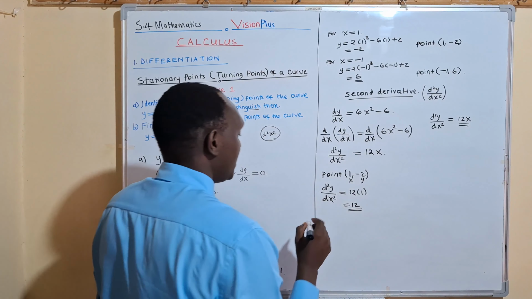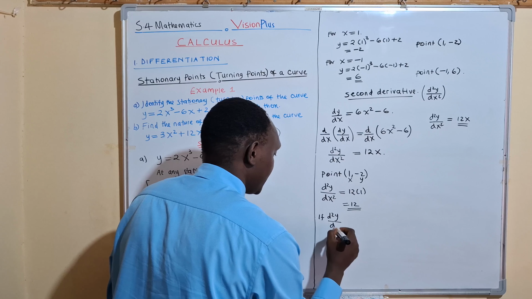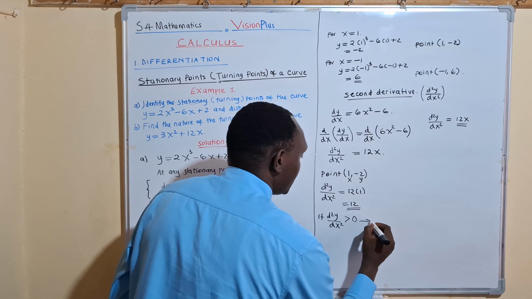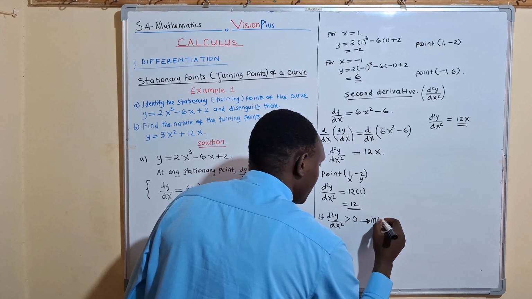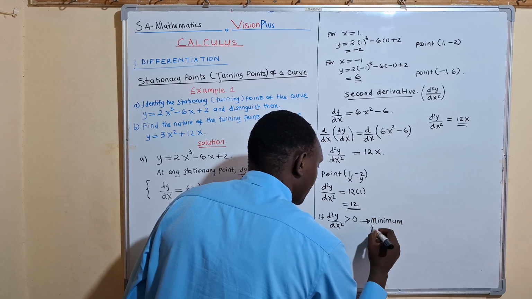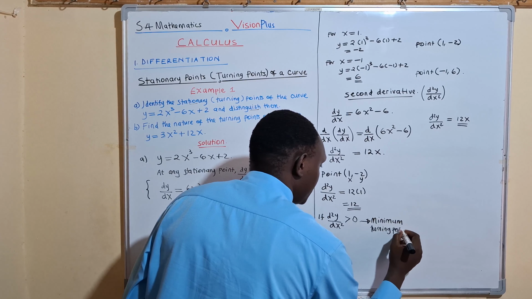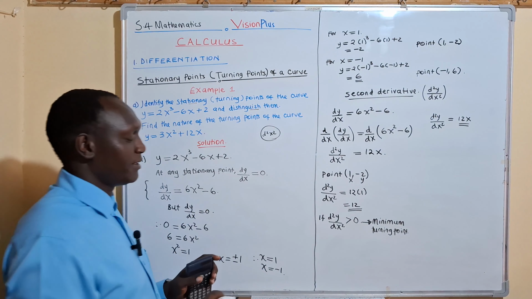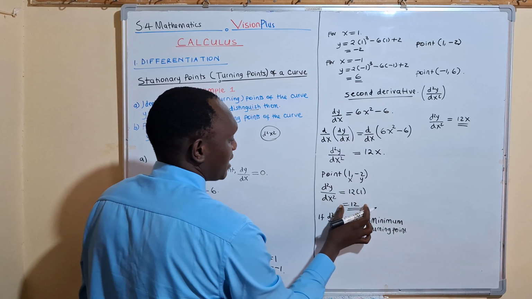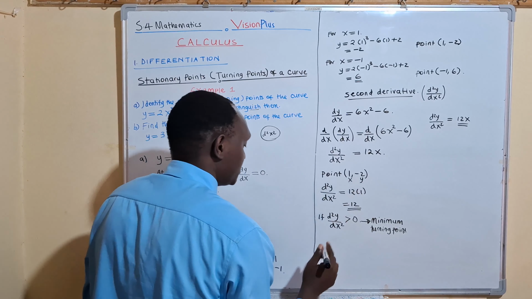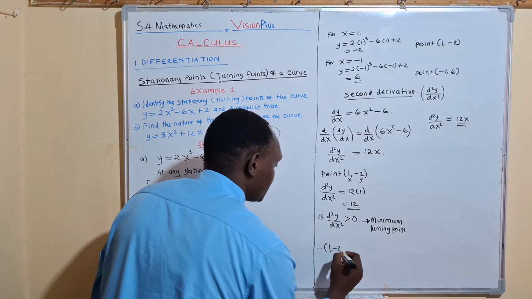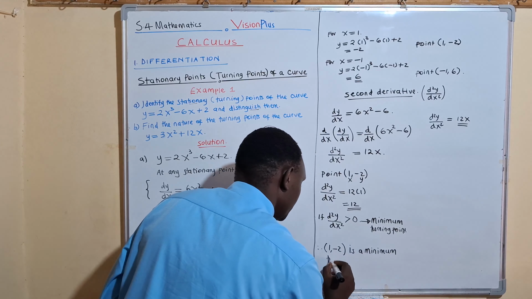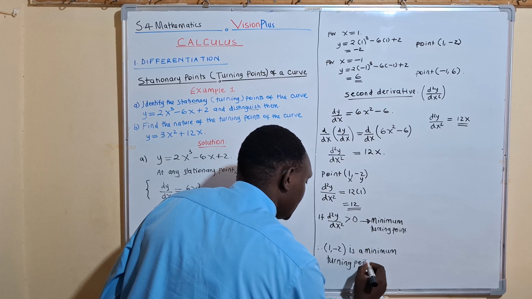And we said before that if d²y/dx² is more than 0, then this point is a minimum turning point, not a maximum. Because d²y/dx² is more than 0, the point (1, −2) is a minimum turning point, or a minimum stationary point.